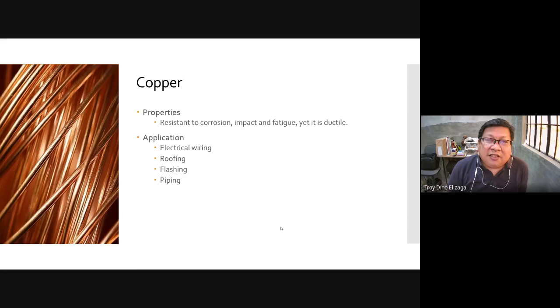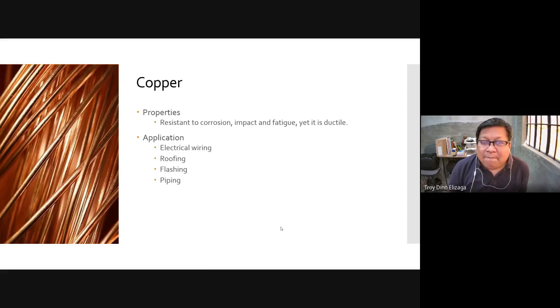So the heat does not easily turn cold inside the pipes. But copper pipes are very expensive, so that's why they came up with more inexpensive materials like plastic pipes like PVC pipes, which are for hot water and other alternatives.